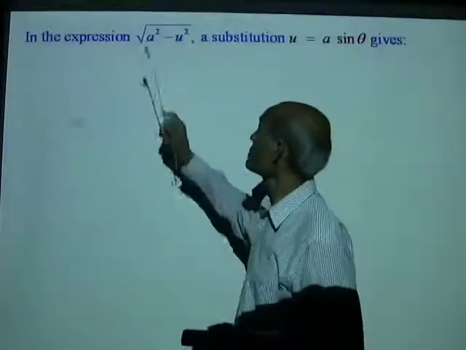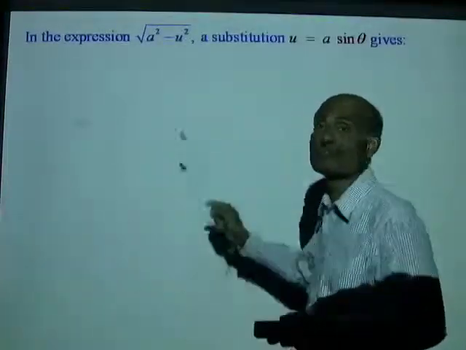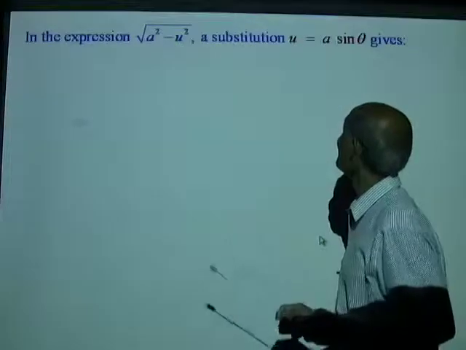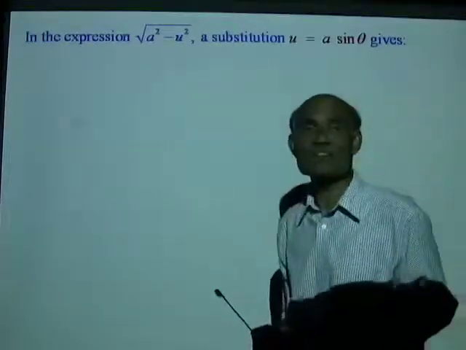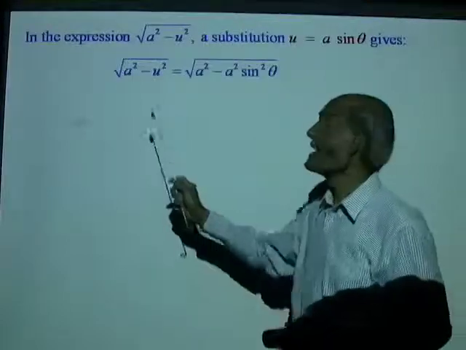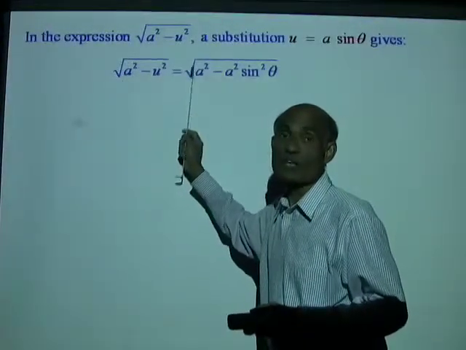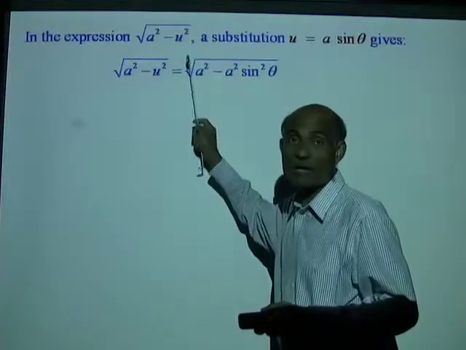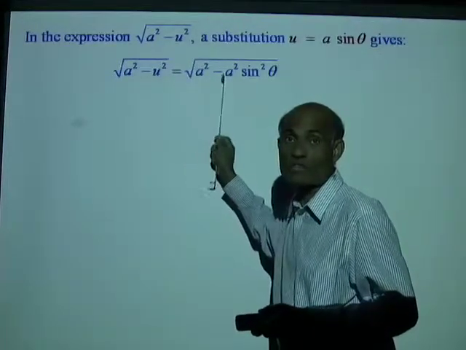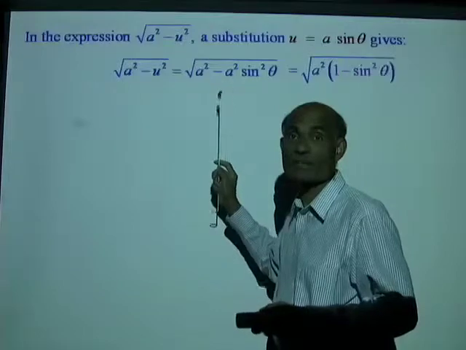In the expression a squared minus u squared, substitute u equal to a sine theta. I just did that for you. That gives me the square root of a squared minus u squared equal to the square root of a squared minus a squared sine squared theta.